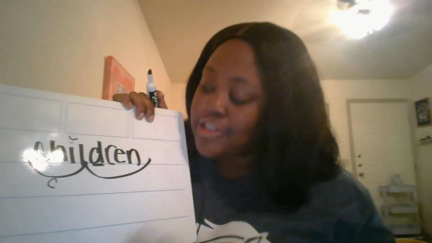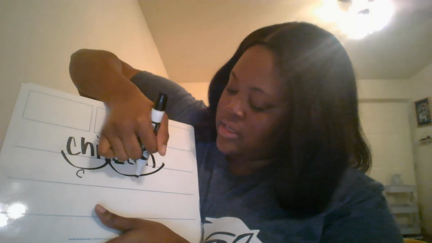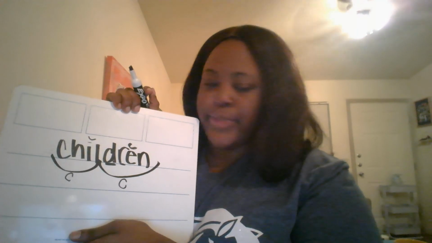But y'all know that we're southern and country, so sometimes our words can sound like what they really aren't. So dren: short E, closed in with an N. This is a closed syllable as well. So that was syllable division rule number 5.